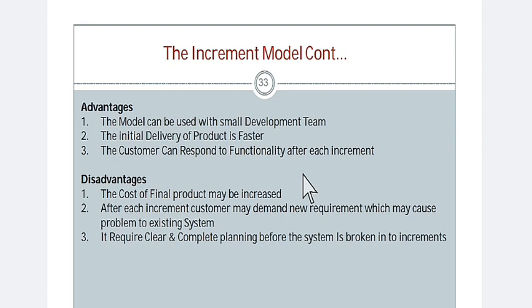For each update or increment we need to perform all the procedures and all the work that we have seen in the diagram. As the work is more, the final cost ultimately increases.